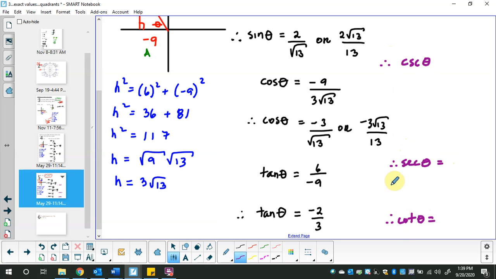But that doesn't mean you start from scratch. That means with sine, you pick whichever of these you want to and you turn it upside down, because cosecant is the reciprocal or the upside down. Now I'm going to choose this one. Anybody know why? It's because it's the cool version with no root on the bottom. Cotangent and secant are upside downs of each other.